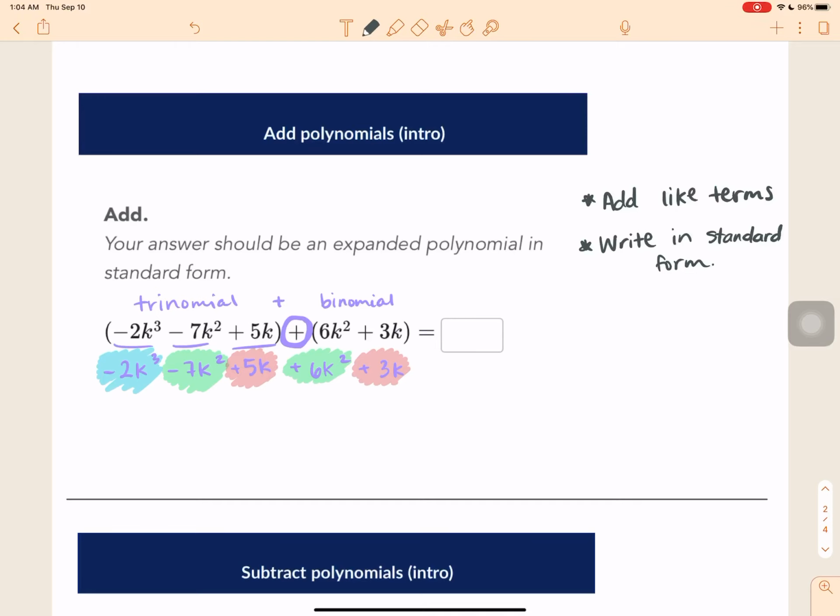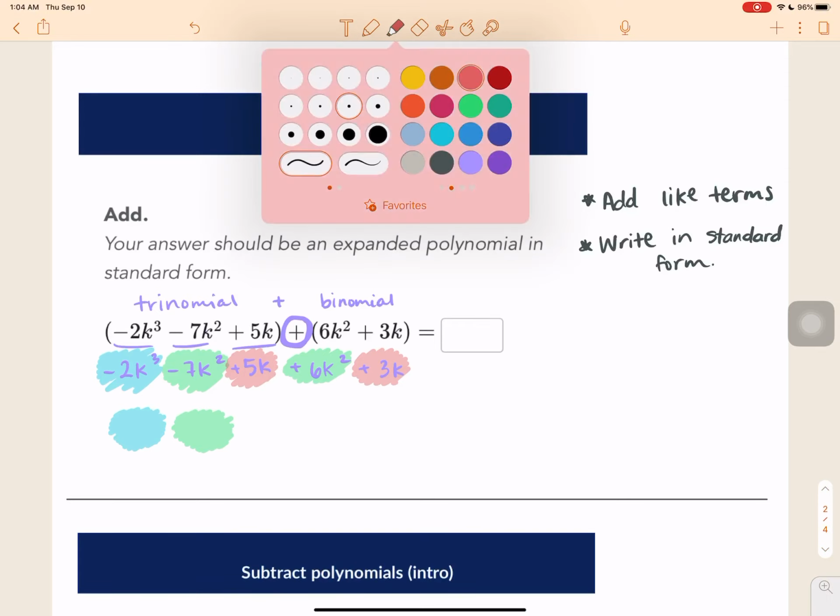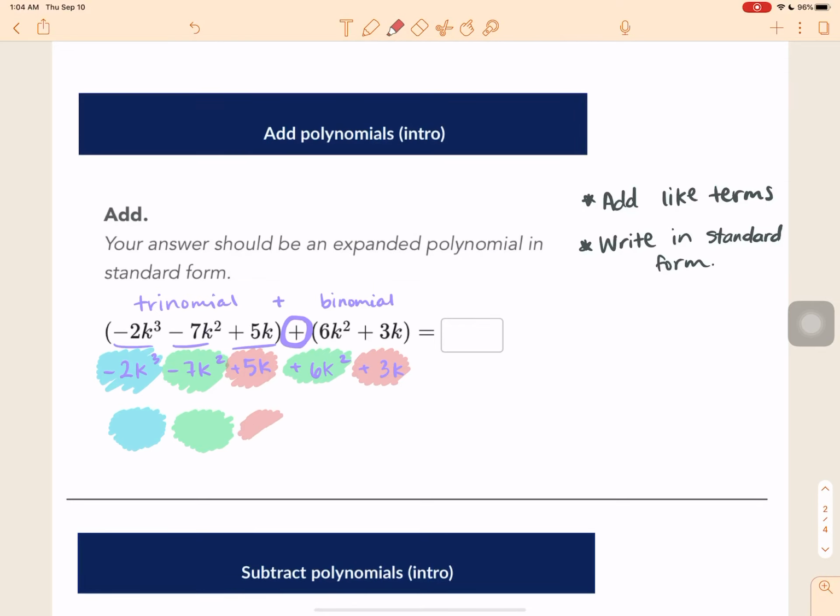I see here that my negative 2k cubed needs to go first, so my k cubes need to go first. And then my k squareds need to go next, because that's the next highest exponent. And then my k's need to go after that. So I'm just color coding here. Negative 2k cubed is the only term that has k to the third power.